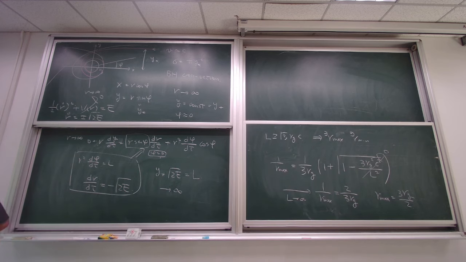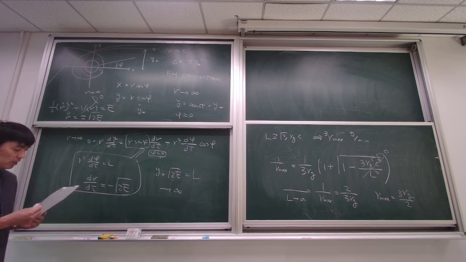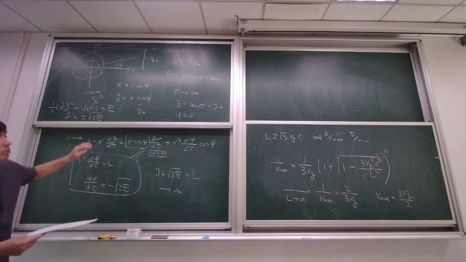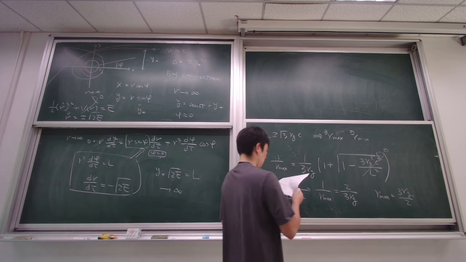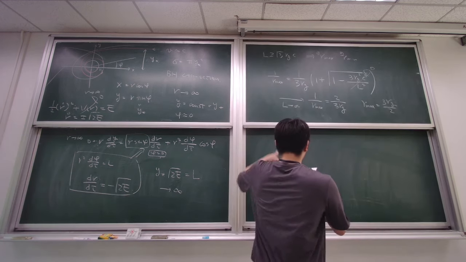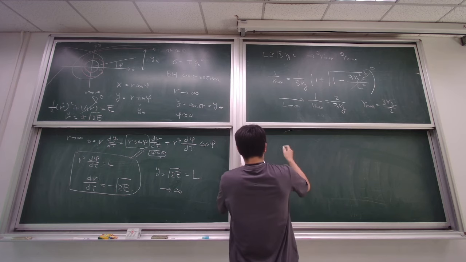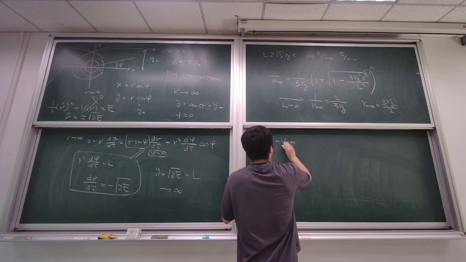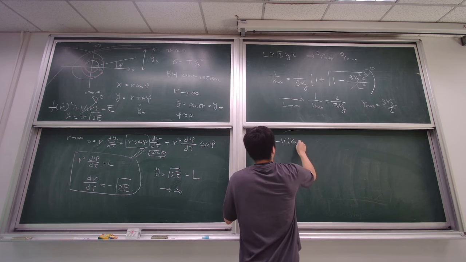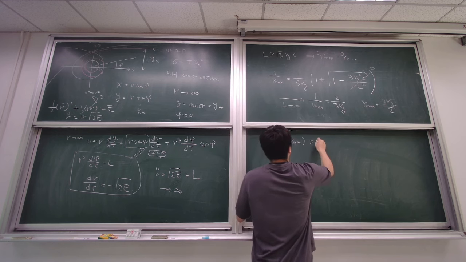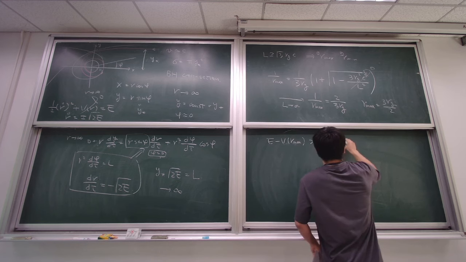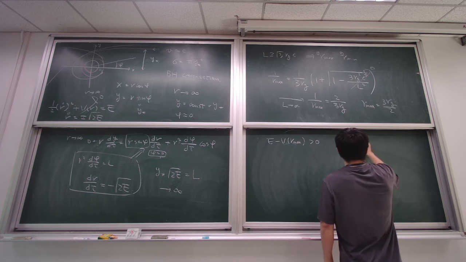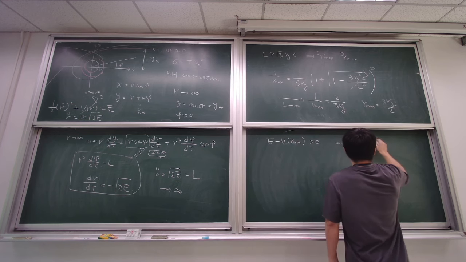Okay, so then what we want to do is the condition of E goes to V max, V_R max goes to 0, will hit the black hole.